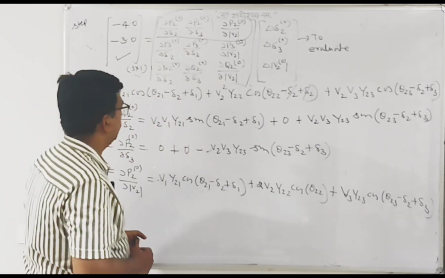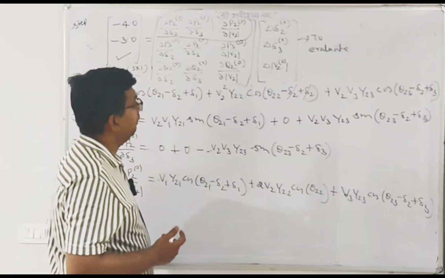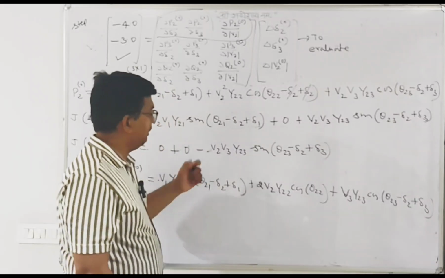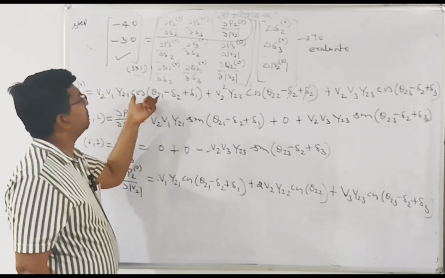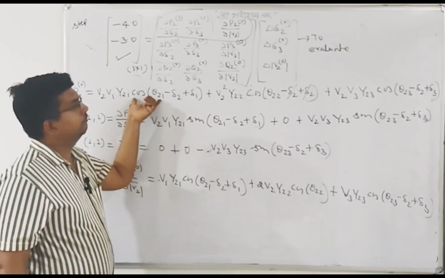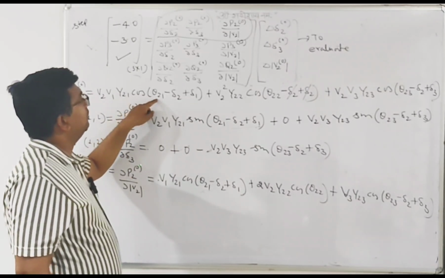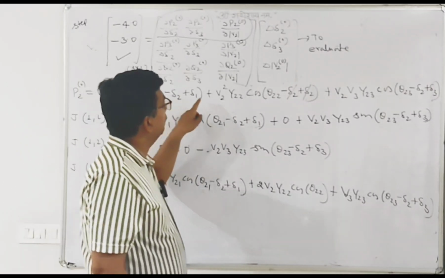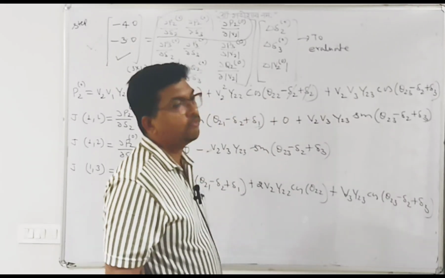Now the initial values are delta 1, delta 2 equal to 0, delta 3 also 0. So again, what does the cosine of this function become? Cosine of this theta 21, then this function and this function.